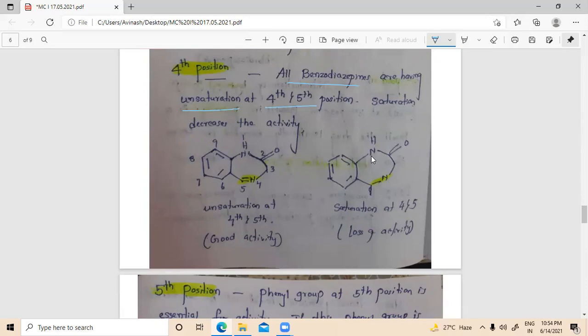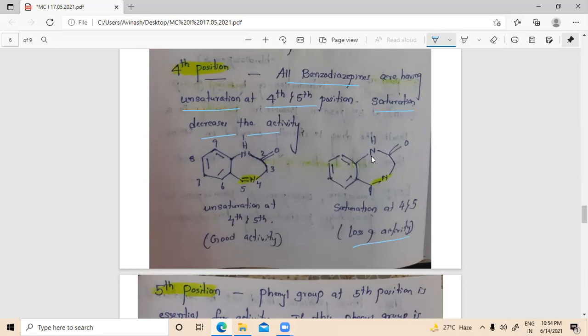Okay, next, coming to the fourth position, all benzodiazepines have unsaturation at the fourth and fifth position. Saturation decreases the biological activity, right? This is the general structure of benzodiazepine. You have a double bond at fourth and fifth, which is very essential for the pharmacological activity. If you remove this double bond at fourth and fifth, the biological activity is going to decrease, or sometimes the biological activity may be abolished completely.